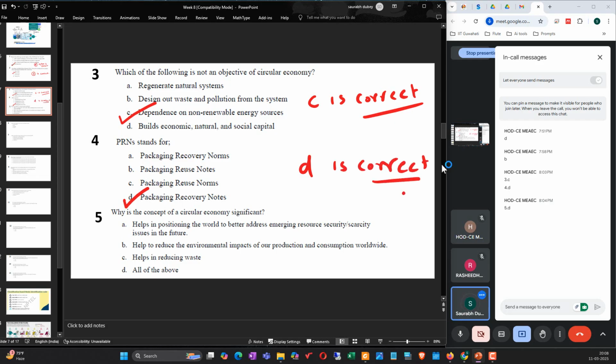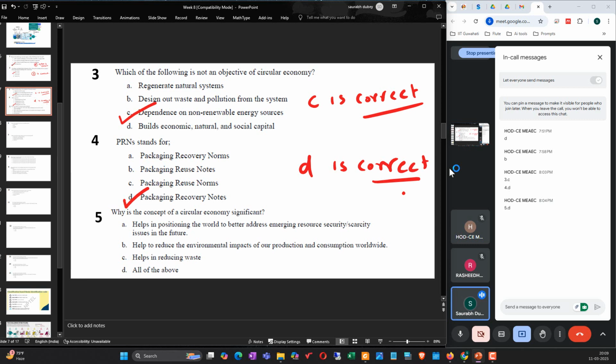Very good. So the fifth one is, why is the concept of circular economy significant? Option A, helps in positioning the world to better address emerging resource security scarcity issues in the future. B, helps to reduce the environmental impact of our production and consumption worldwide.